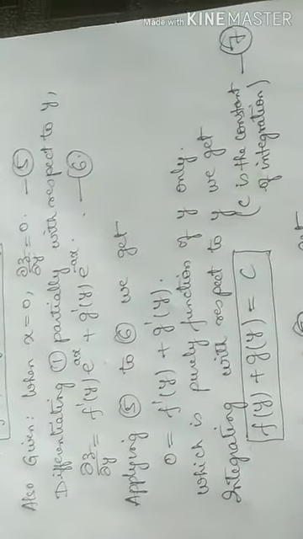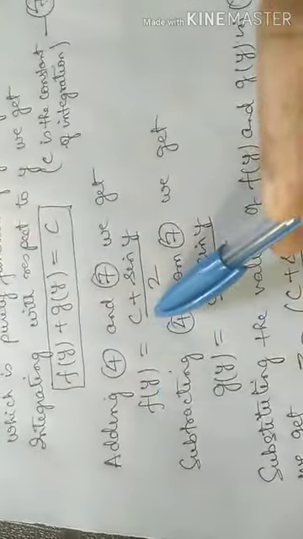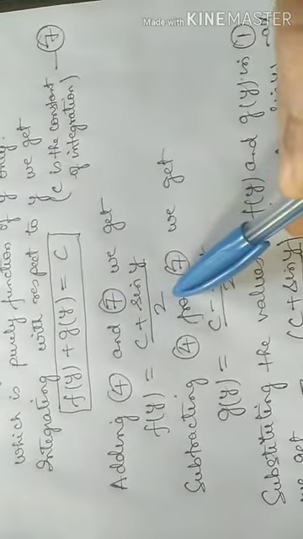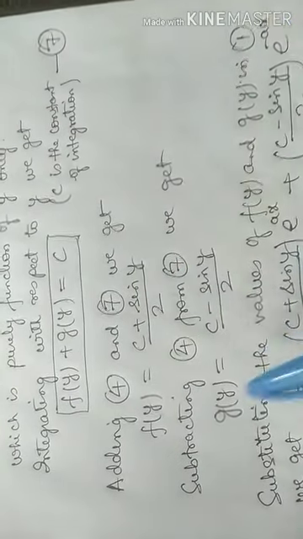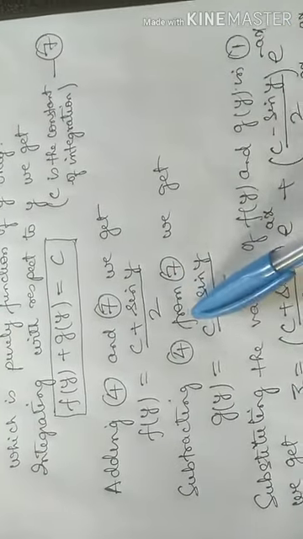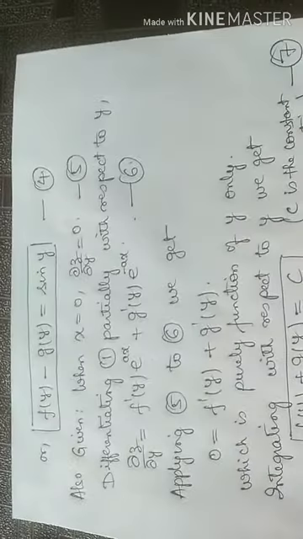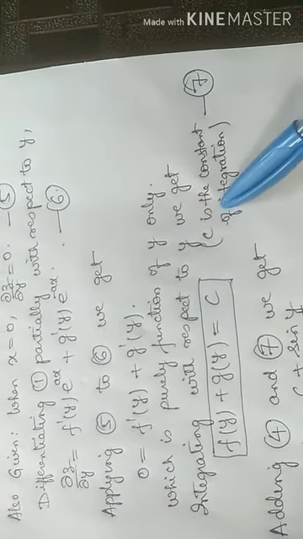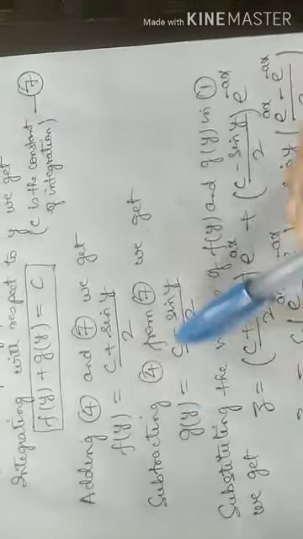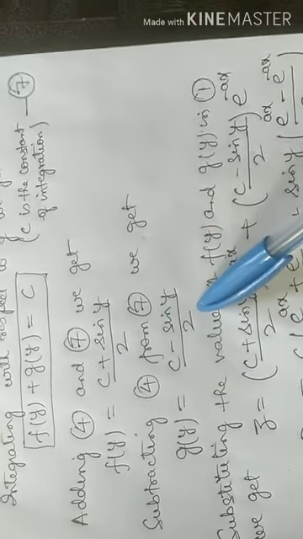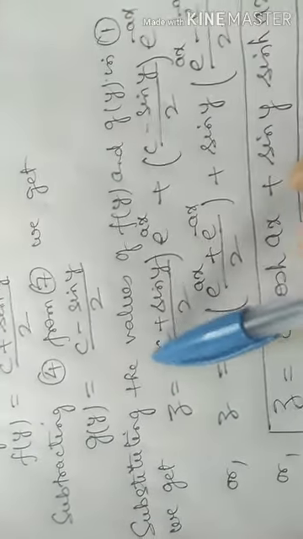So f(y) becomes (C + sin y)/2. Subtracting now 4 from 7, we get g(y) = (C − sin y)/2. f(y) gets eliminated.